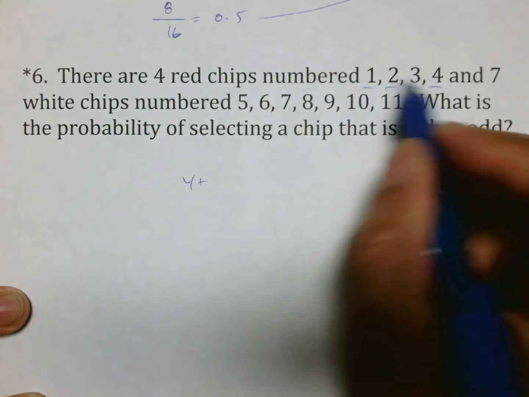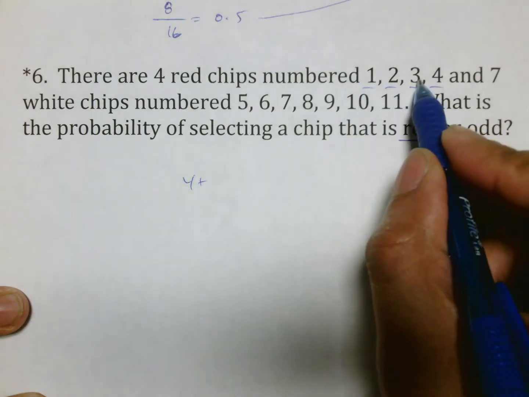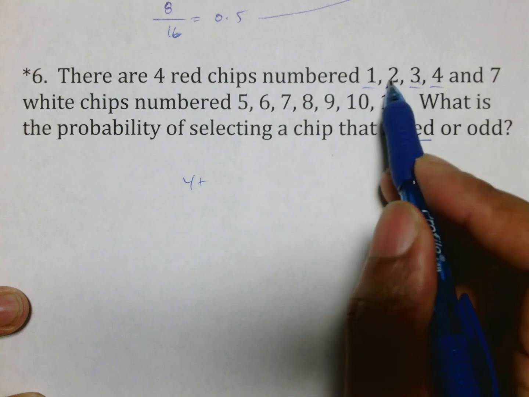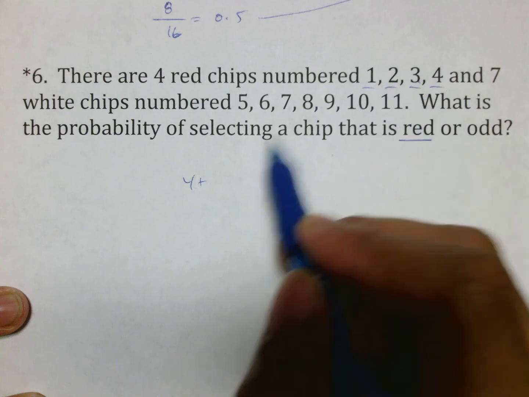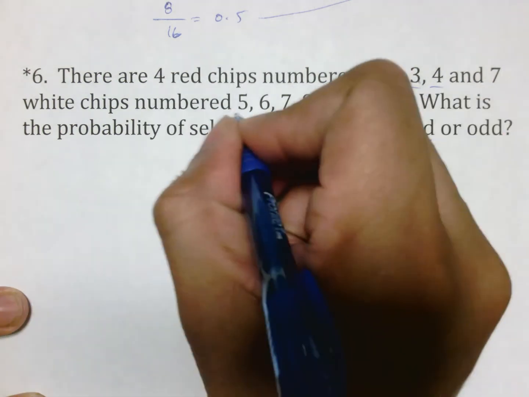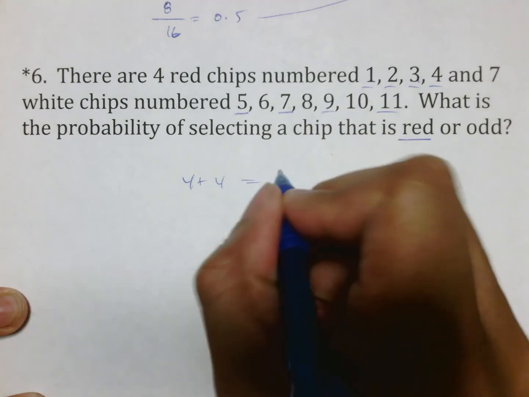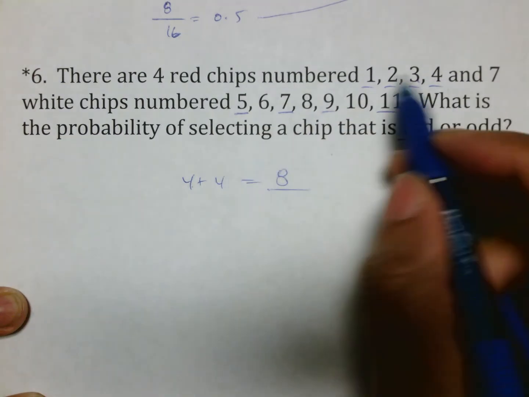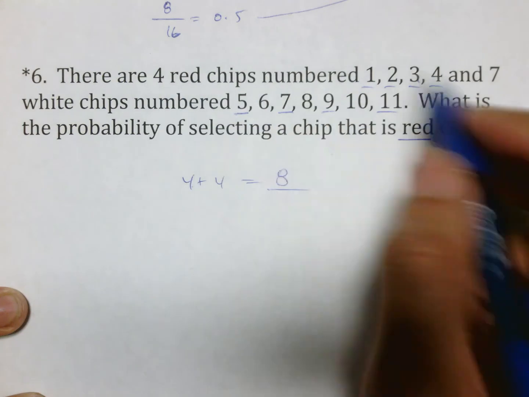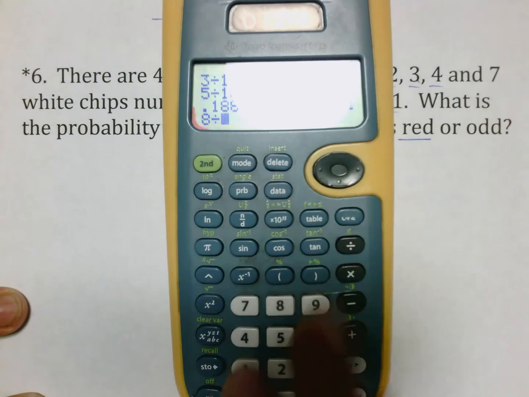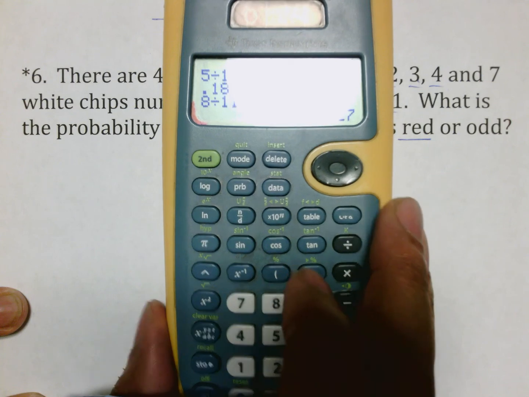And I don't need to count the odds here because they're already red. So again, red or odd means I want something that's red, which works. 1 and 3 are both odd, but they're already in this selection. But I do need to add on 1, 2, 3, 4 more, which gives me a total of 8 good ones out of 4 plus 7, 11 chips. And 8 divided by 11 is 0.727.